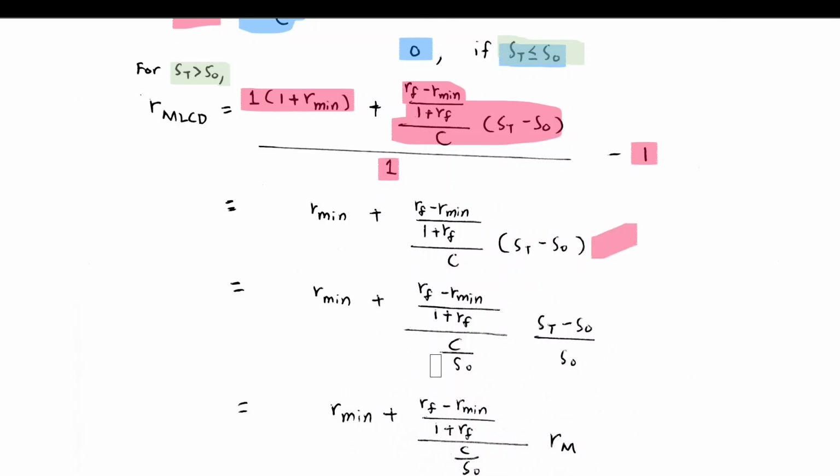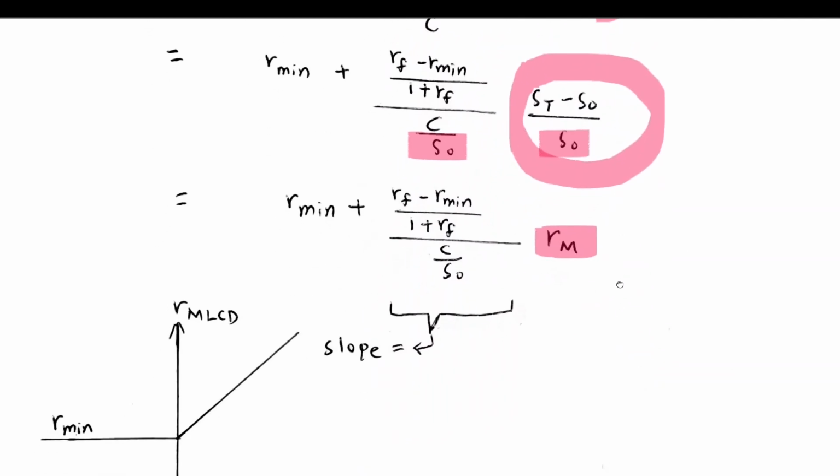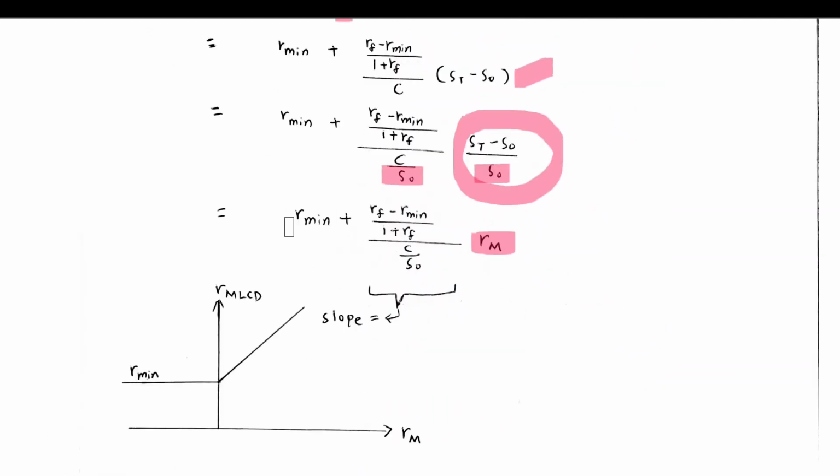And similar to the case before, we will divide by the present stock price to simplify the expression. Then we will arrive at the market rate of return on this term. And again, this is a linear graph.